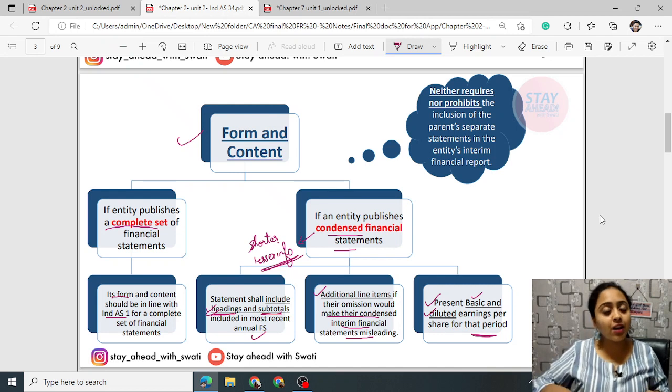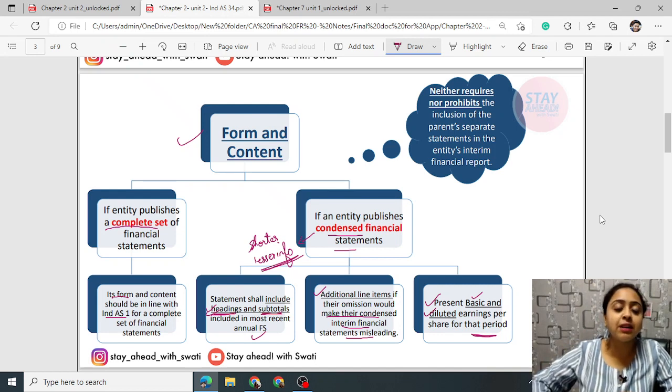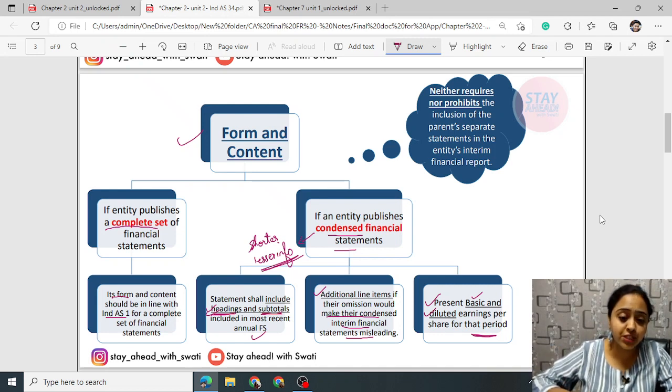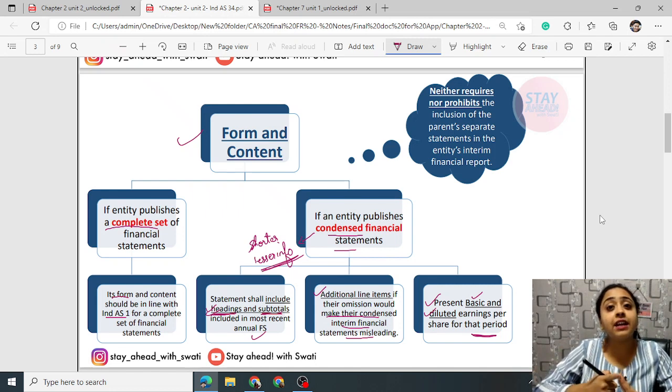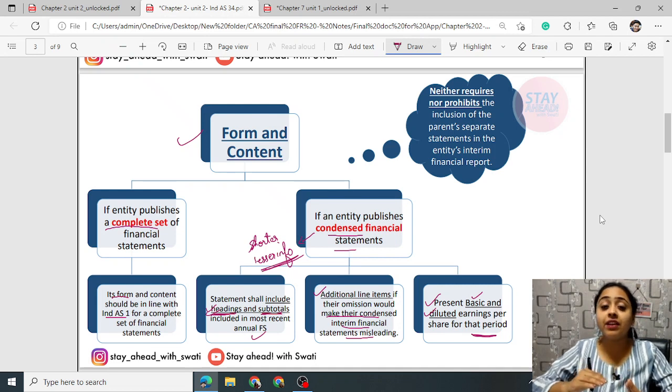Here you only need to know that while preparing interim financial statements, you are allowed to show lesser information. But even with lesser information, you cannot skip the headings and subtotals. Secondly, additional items have to be mentioned even if the lesser information is misleading. And thirdly, you always have to show the basic and the diluted EPS portion.